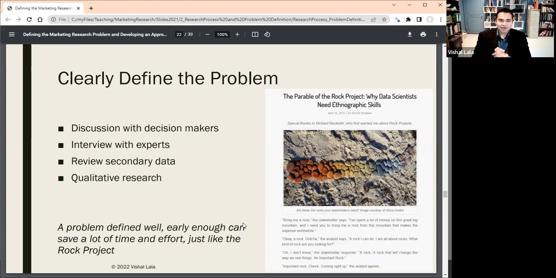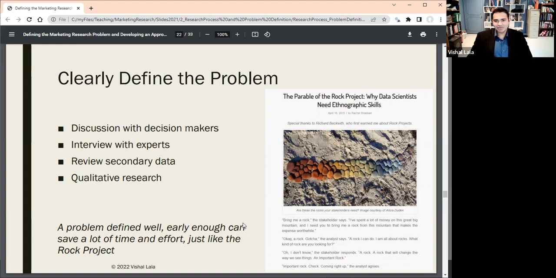The stakeholder looked at the rock and said, well, this is a really good rock, but not the rock I'm looking for. The analyst asked again, so what exactly does an important rock look like? The stakeholder insisted that it's a special kind of rock. You'll kind of know. And the analyst went back to the mountain, dug a lot this time, dug deep, and finally found a rock.